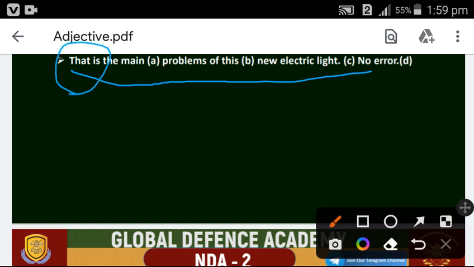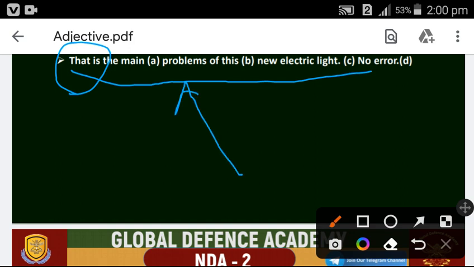What you studied in the previous slide is that when a demonstrative adjective is used in a sentence, it must take a singular noun or singular verb.